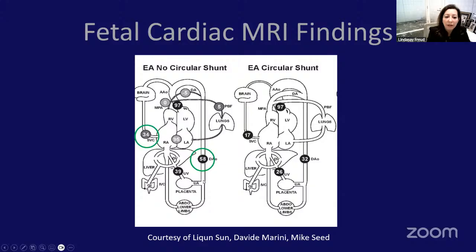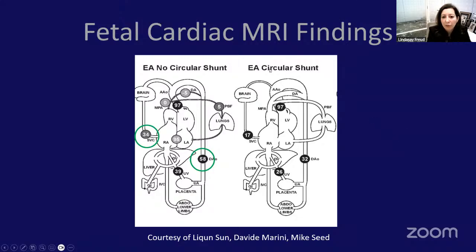So what we have here on the left are relative distributions of cardiac output in a bunch of Ebstein anomaly patients without circular shunting. And here, what I'm highlighting in green would be the normal proportions of cardiac output to the descending aorta and to the brain, which we look at through SVC return.